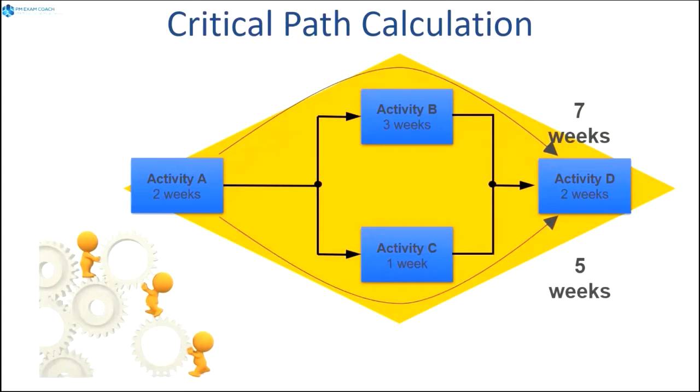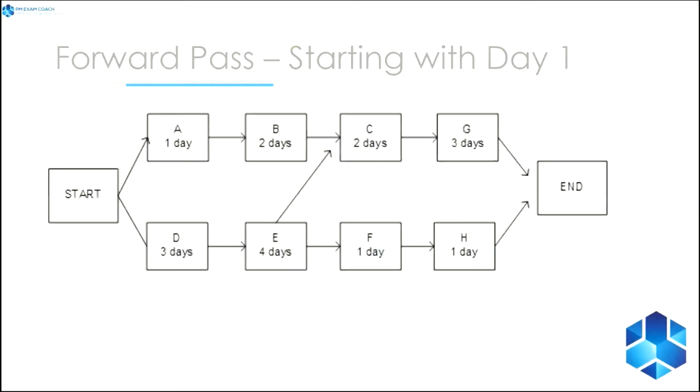Now let's talk about the forward pass. We know that these network diagrams can be day 1 or day 0 diagrams. Let's talk about day 1 first. For example, here we have a network diagram with 3 paths through the network. The project starts on day 1.